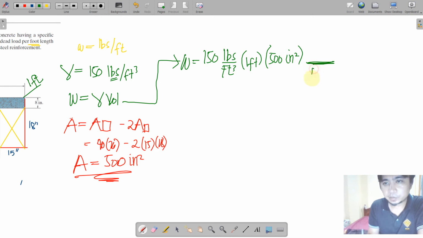Of course, we know that in 12 inches there is 1 foot, and all of this should be squared, so that this is squared, that is squared.